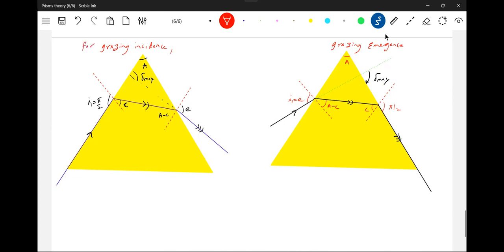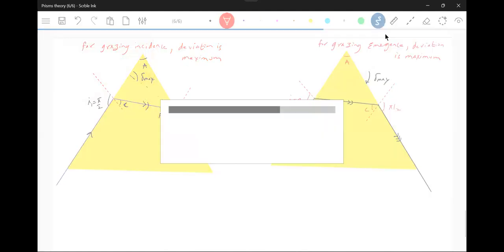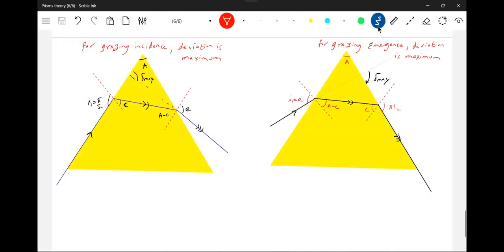For grazing incidence, deviation is maximum. For grazing emergence, okay, hope everyone is able to understand. These conditions are very important.